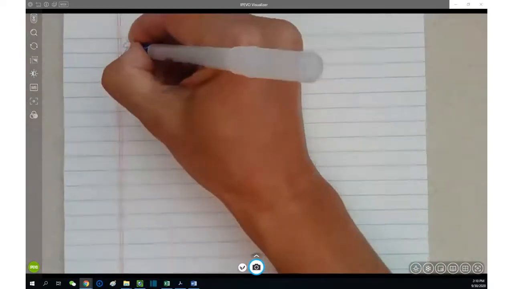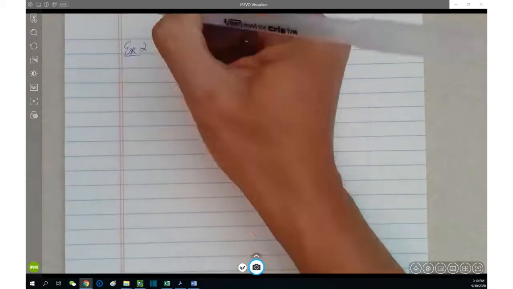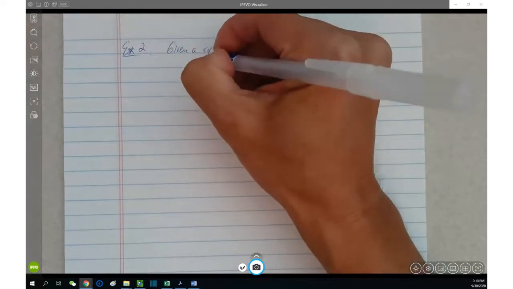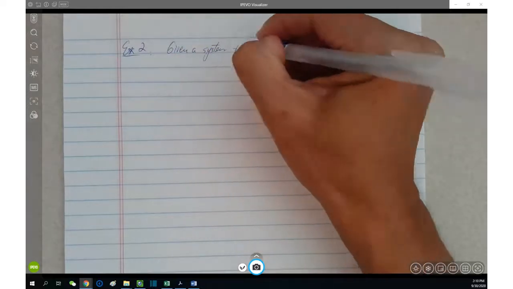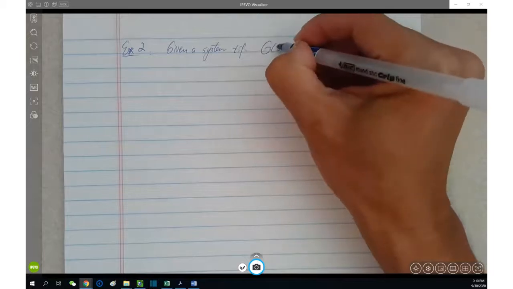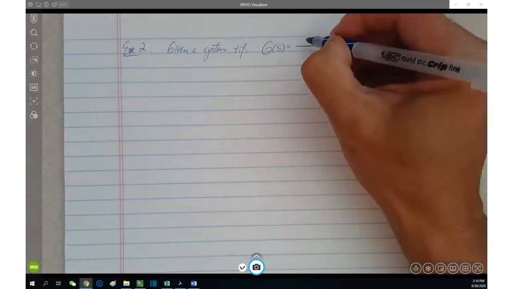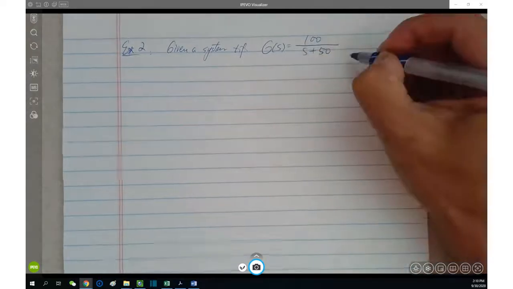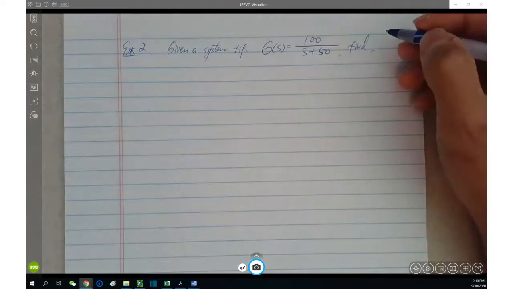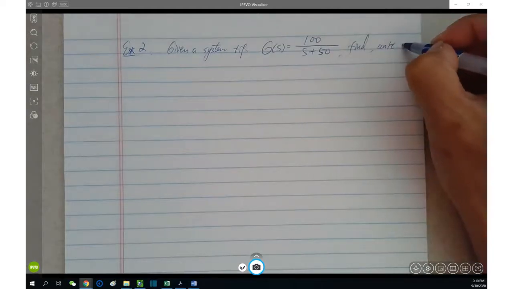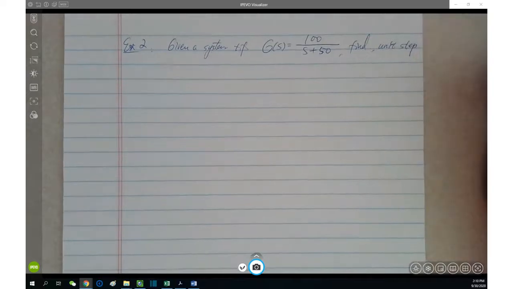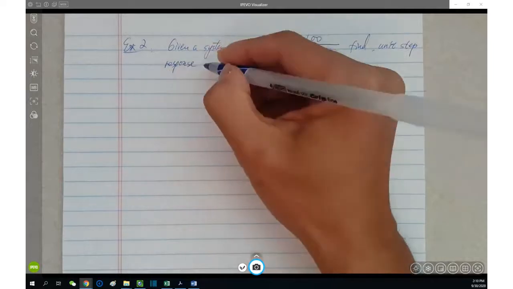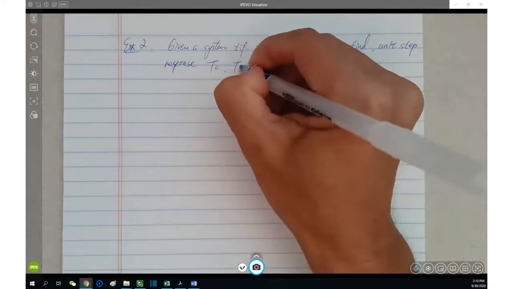Example 2. Given a system transfer function like this, then find also the unit step response, TC, TR, and TS.